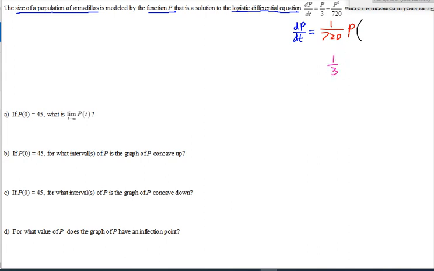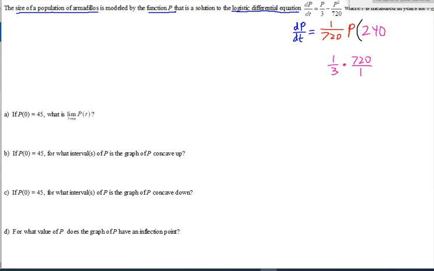So when you factor something out, it's like you're dividing by it. So factoring out 1 over 720 is like dividing by 1 over 720. But that's easier to think about as dividing by a fraction is the same as multiplying by the reciprocal, 720 over 1. And then 3 goes into 72 24 times, add the 0, so this becomes 240.